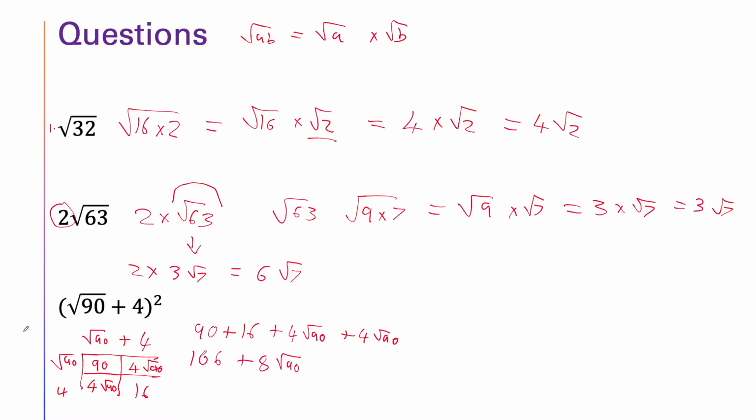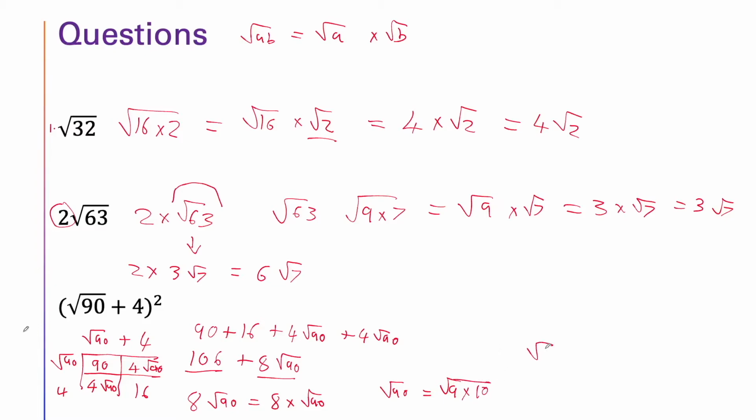So 106 is already simplified. Let's see if 8 root 90 can be simplified any further. 8 root 90 is just 8 times root 90. Root 90 can be simplified further, as root 90 is root 9 times 10.